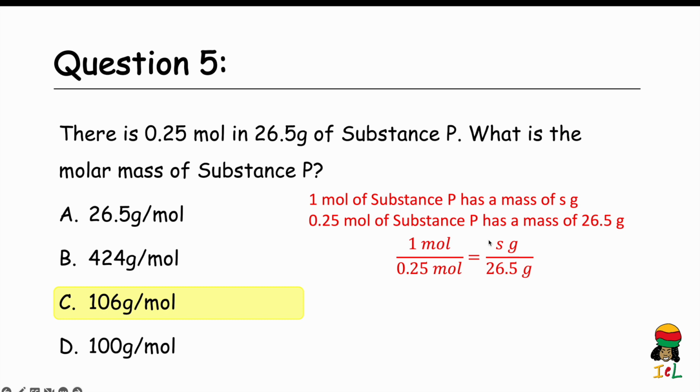We find our unknown and we cross multiply products. So we have S times 0.25 is equal to 1 times 26.5. We rearrange to make S the subject of the formula, and we end up with 26.5 divided by 0.25, which gives 106 grams. Therefore, the mass of 1 mole of substance P is 106 grams, which we record as grams per mole for the unit.